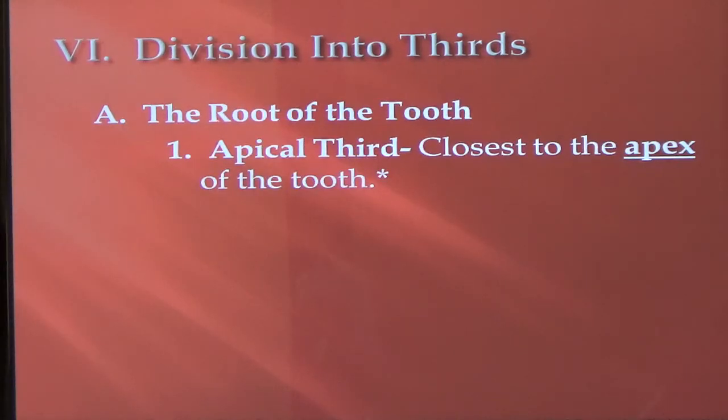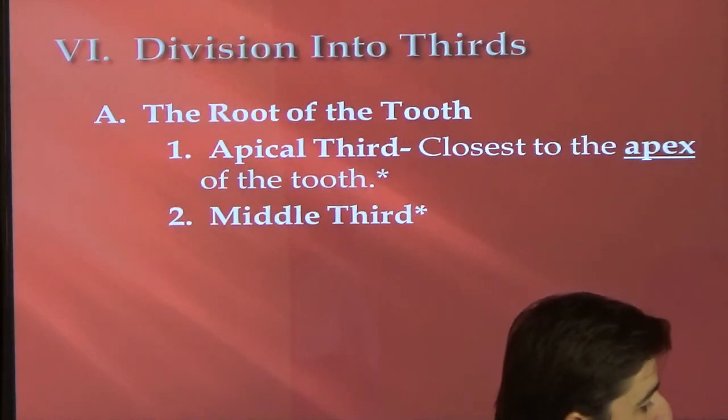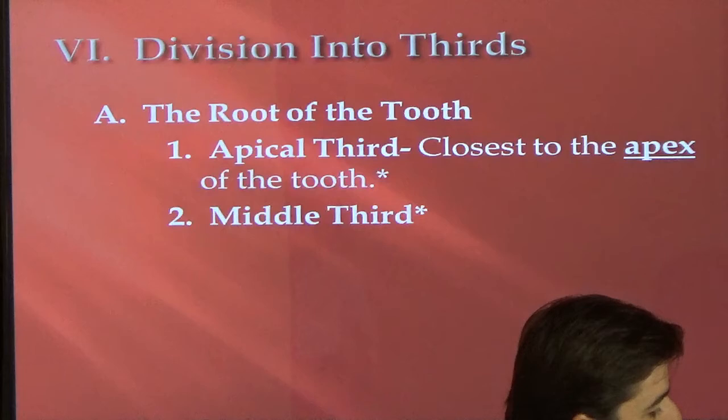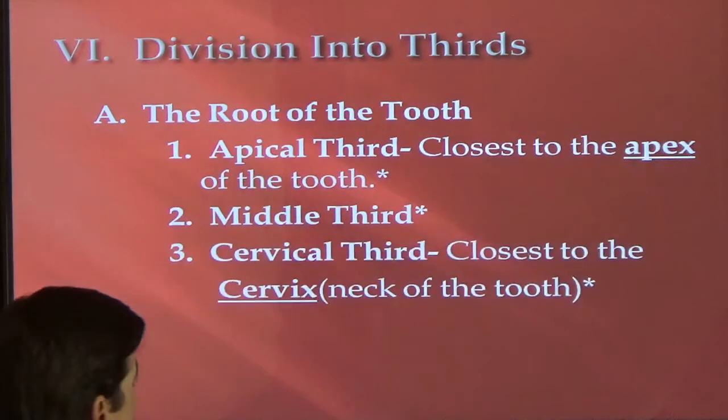On the bottom, this will be the apical third, closest to the apex. Then you have the middle third. So you have the apical third, then the middle third, and then the cervical third.